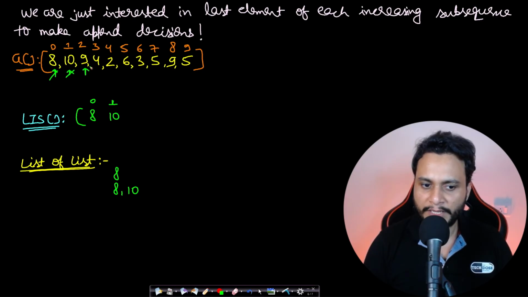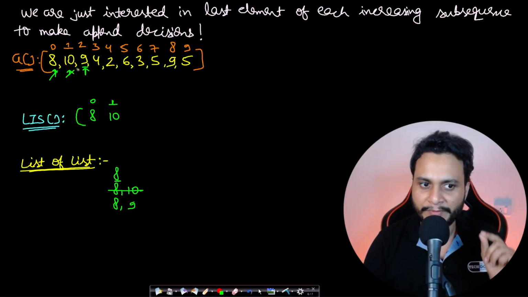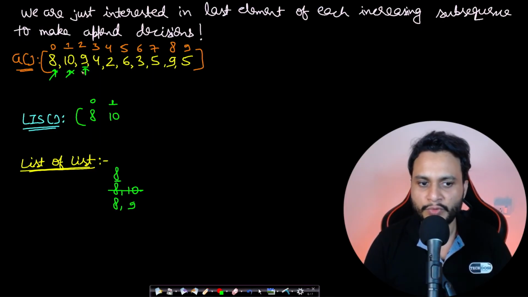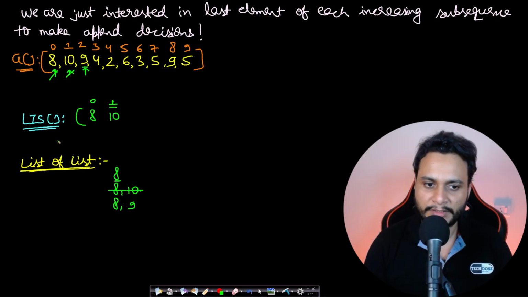Now when you go to 9, then simply you will append 9 after 8, and this makes it 8 comma 9, and this will be discarded. Now how do you do that in the LIS array, that is a single dimensional array? You apply binary search and find the first index which has value greater than equals to 9, and that will be index 1. So when you reach here, then you have to override this 10 value with 9, and that's it.